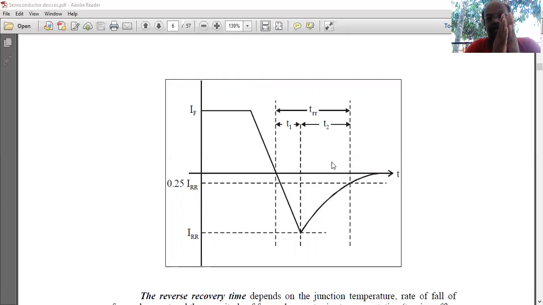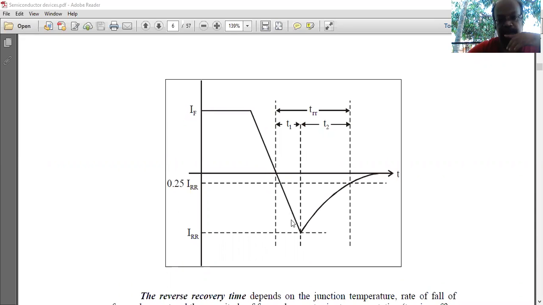When forward bias is connected, holes and electrons can move and allow conduction. But when the current comes to zero, the depletion layer does not form immediately. Holes and charges remain, so recombination of the charges is needed to make it zero.